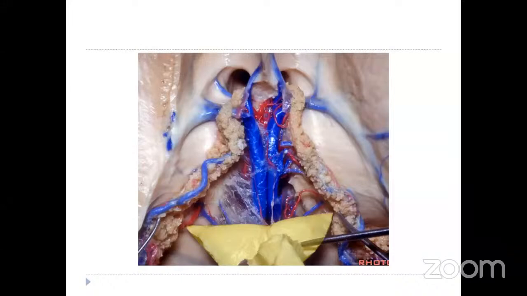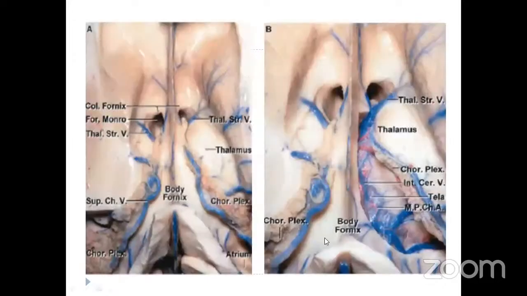So, I was just talking about the approaches that she was just describing. So you can see that this is the foramen of Monro. Here we have the fornix. So we can go via interfornicial approach, or we can go via the choroidal fissure. So when we are going via the choroidal fissure, it is where the choroidal plexus is basically attached to the body of the fornix on one side, and on the other side it's attached to the thalamus.